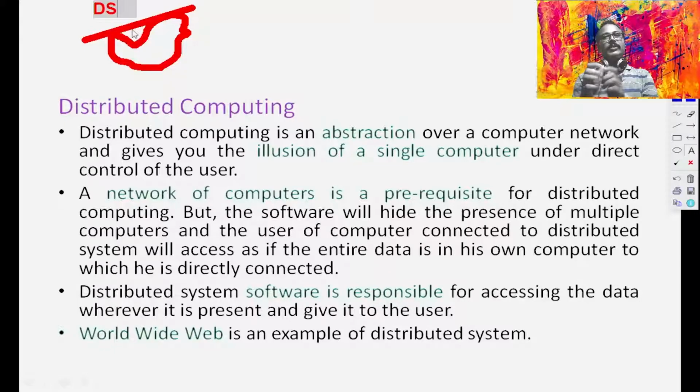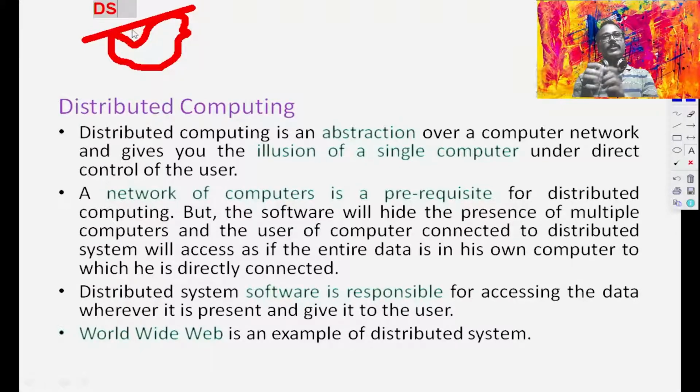So the network is there, that means a number of computers are there. But it is difficult for the common man, for us also, but particularly for the common man, to access the resources wherever they are available, to access the information wherever they are available. In the network, at any point the resources or information may be available.